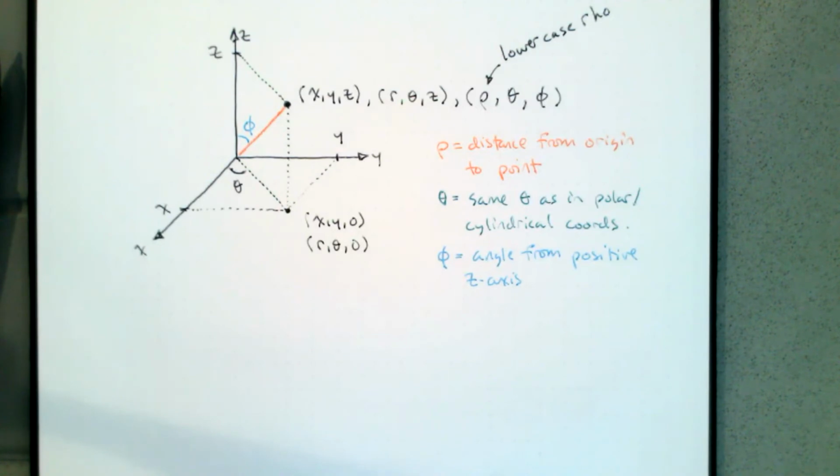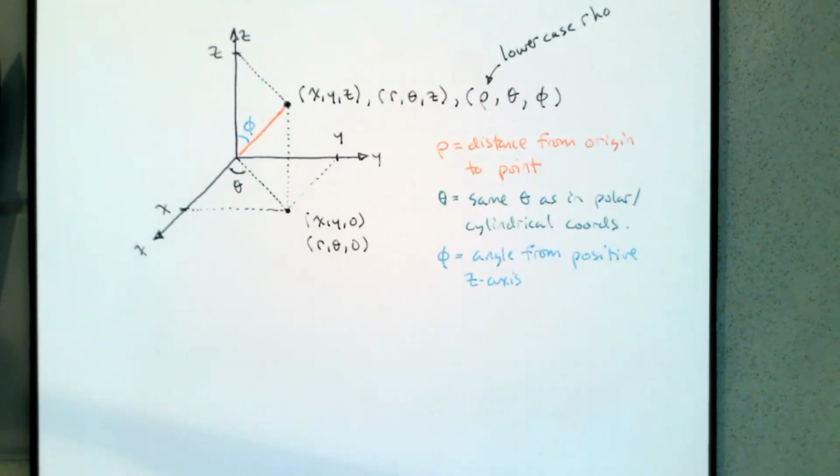So we didn't talk about how to convert from rectangular to cylindrical, or from cylindrical to rectangular, because all we did was take our XY plane or our R theta plane and tack a height on top of it. So z equals z, put that at the end of our polar coordinate stuff, and we're all set.